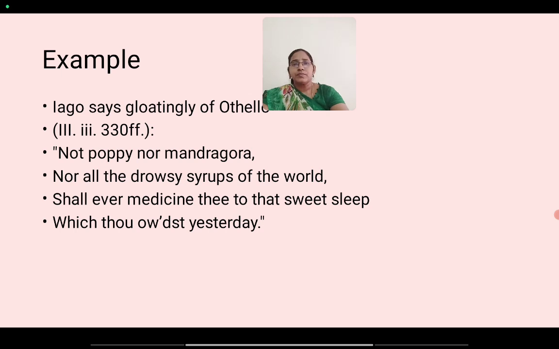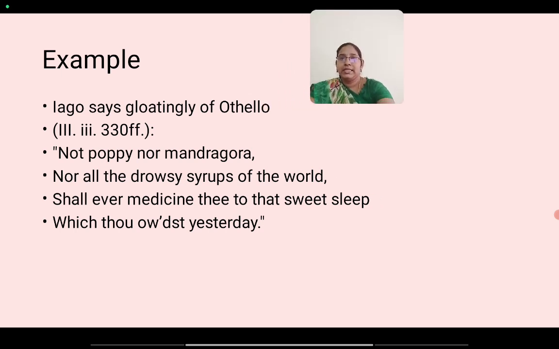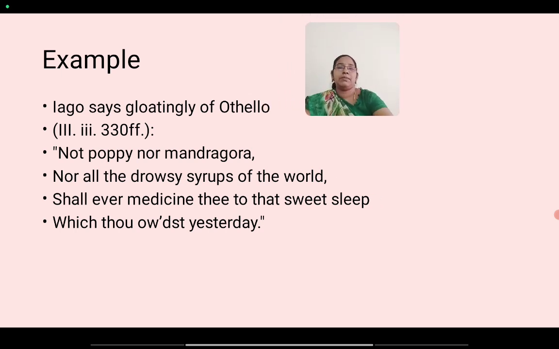And the examples for it, literary examples, can be seen here. So one perfect example is Iago, who says gloatingly of Othello. Okay, Othello is at the highest in the hierarchy, and Iago is his minister.